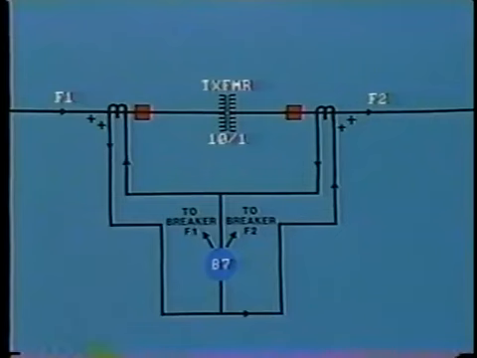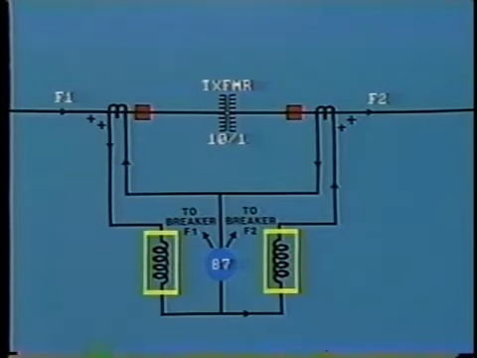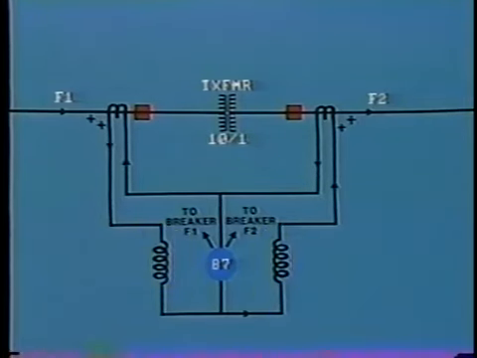In order to avoid these problems, restraint coils are normally fitted to the relay. Typically, the restraint coils are wound on the same core as the operating coil, but in the opposite direction. A separate restraint coil is connected into each secondary CT circuit.